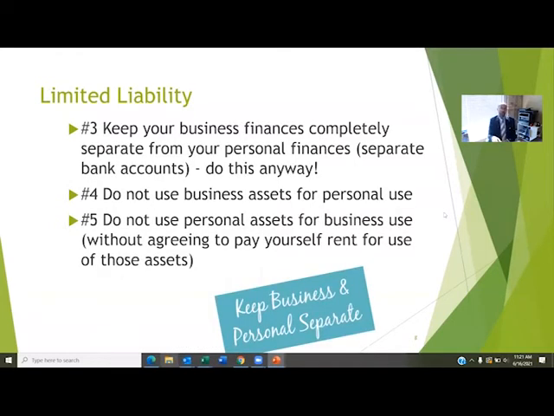Now, again, because there are some ongoing obligations, it is certainly possible to lose the liability protection. There's a concept called piercing the corporate veil. It not only applies to corporations, but also to limited liability.